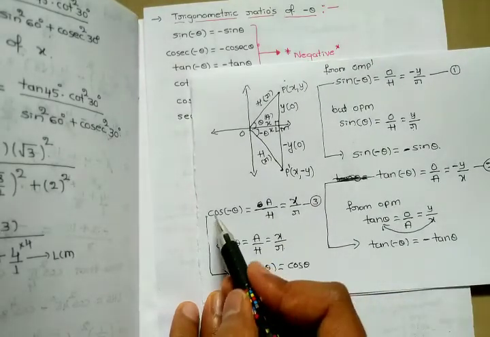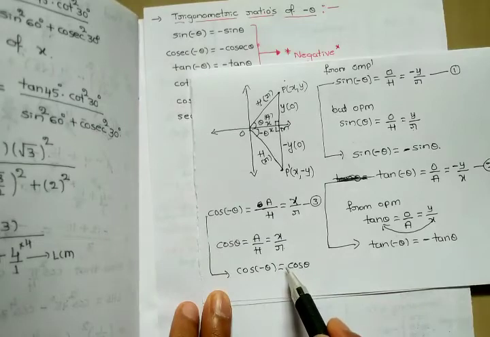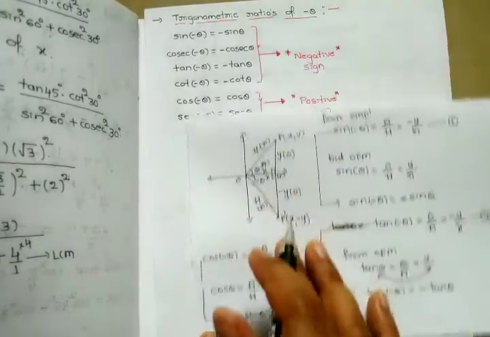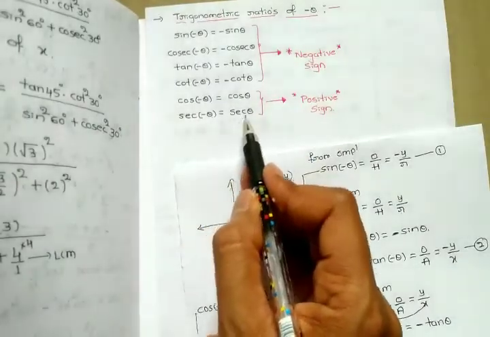So cos of minus theta is plus cos theta. Reverse means sec of minus theta will remain sec theta.